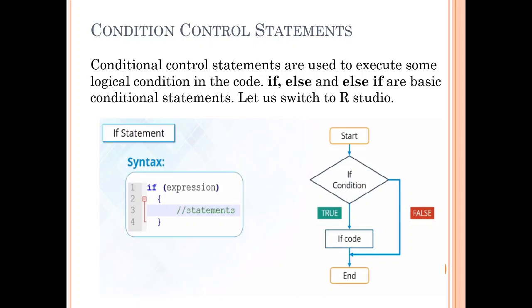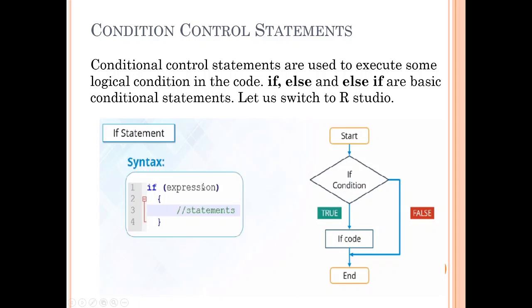Let us begin with the condition control statement. As the name suggests, based on some condition, they control the flow of execution. There exist a few versions of the if else statement. The most basic is the if statement. In the syntax, there is an if keyword followed by an expression or a condition.